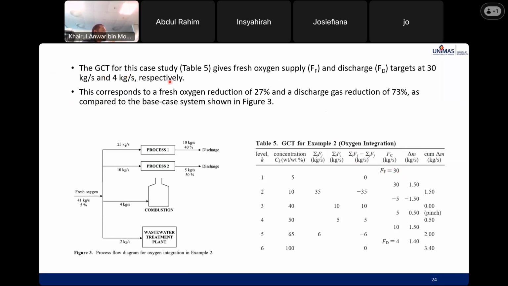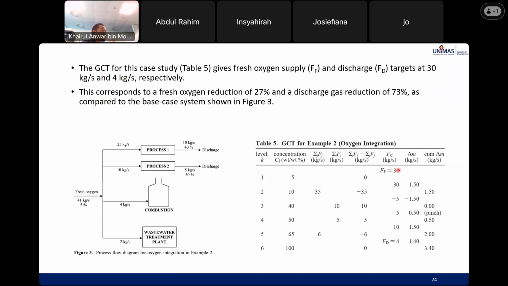The GCT for this case study, if a fresh oxygen supply FF and discharge FT, target at 30 kilograms per second and 4 kilograms per second. How do they get 4?